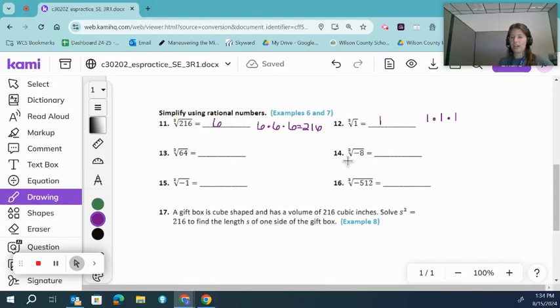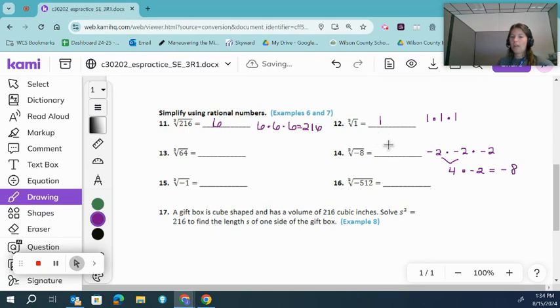Now, if we take a look here at number 14, is there a number that can multiply by itself 3 times to be -8? Well, there is: -2 times -2 times -2. A negative times a negative is a positive, but when you multiply it by that third negative, the answer becomes negative.